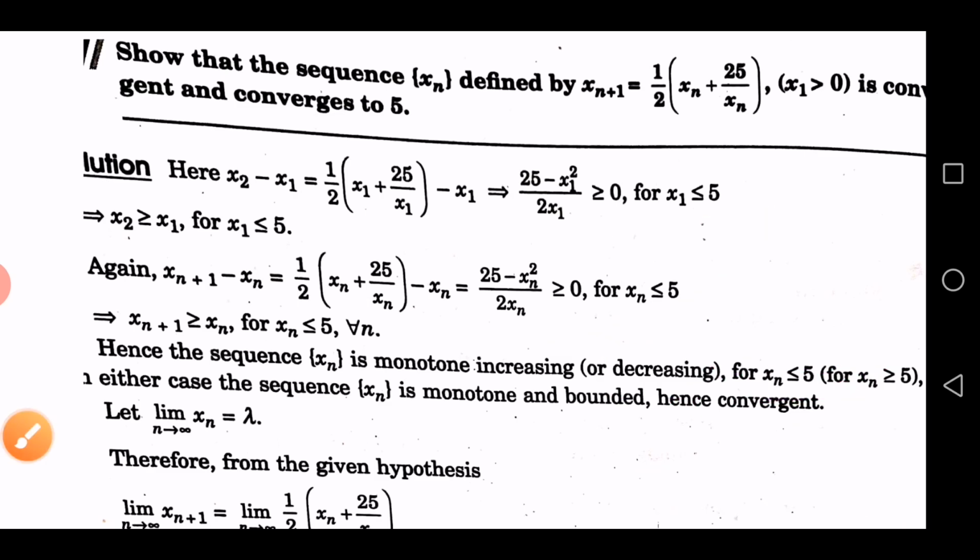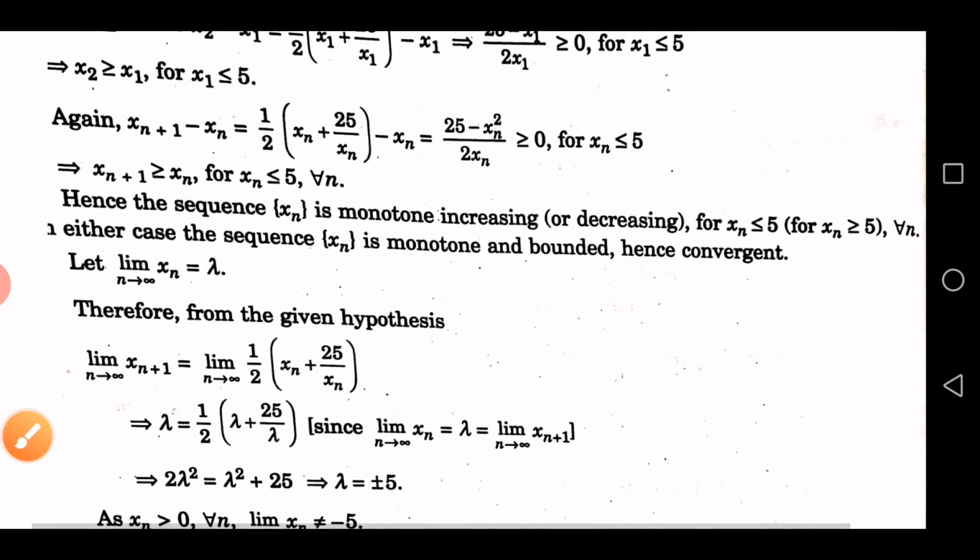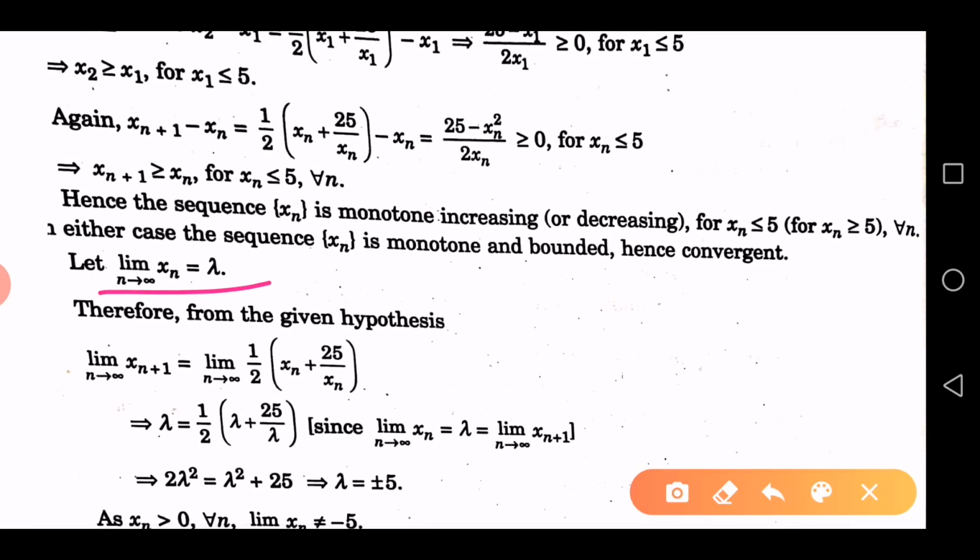We say the limit of x_n equal to lambda, whose value we have to determine. So if limit of x_n is equal to lambda, from the given relation, taking limit both sides as n tends to infinity, this will be lambda, lambda and lambda, because limit of x_n and x_{n+1} are both lambda, because they are the terms of the same sequence.